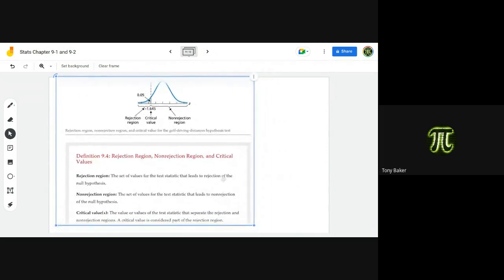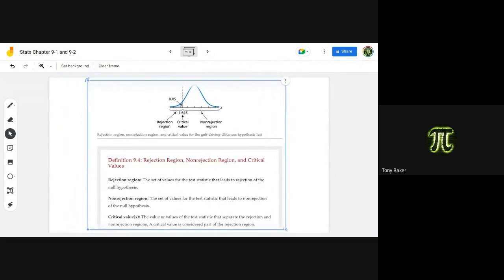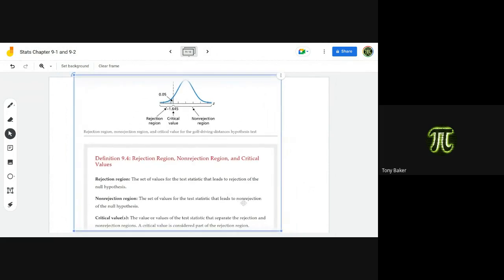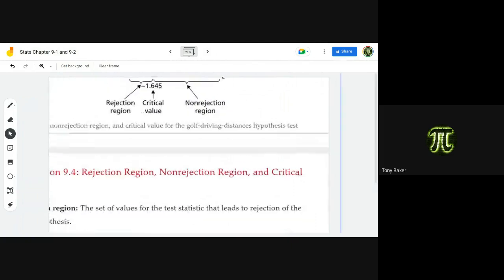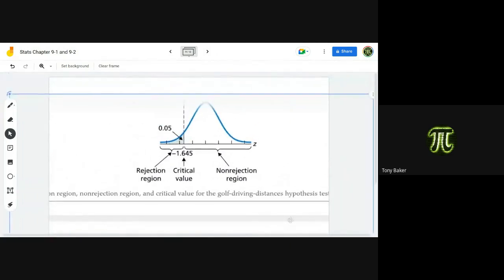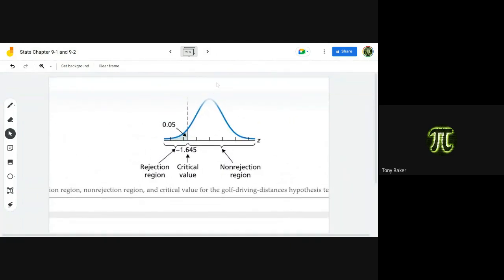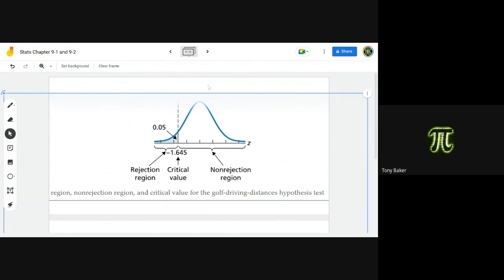So this is right from the book. We'll do this as two separate pieces. All right. So this is known as critical value testing because there's different tests that we're going to do that all work around the same thing, but this is known as a critical value test.